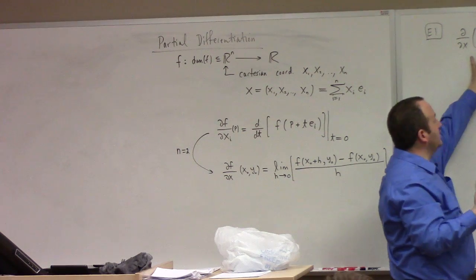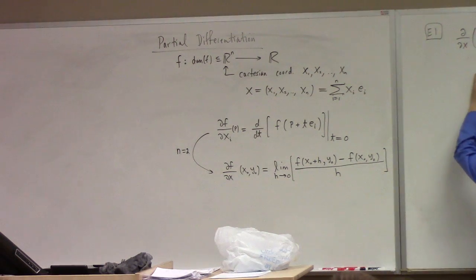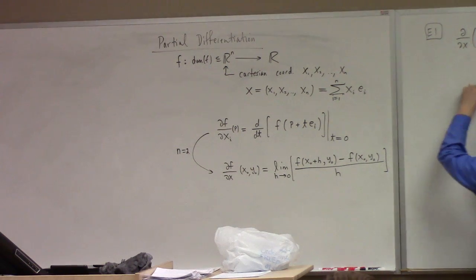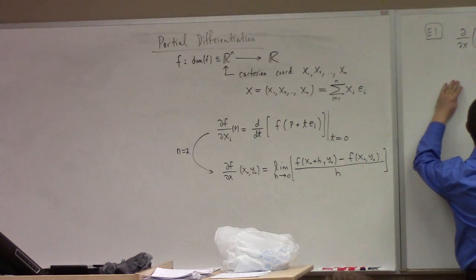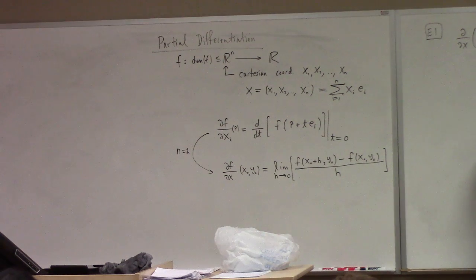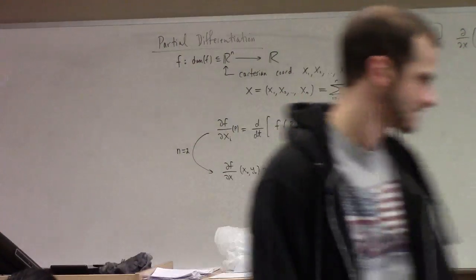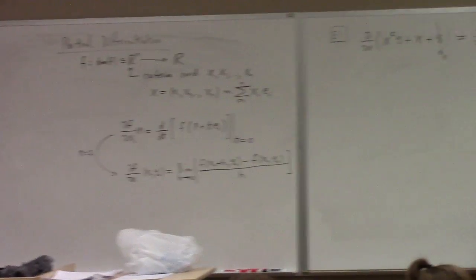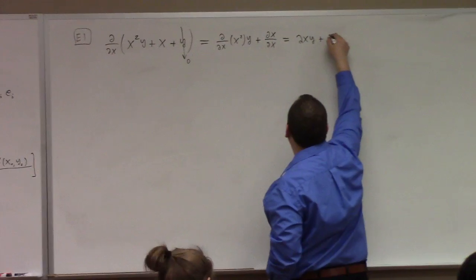Basically the way it works is you just differentiate x like normal, and you can pull the y out, so this is just like a constant. So this y just differentiates to 0. And what do you think the partial derivative of x squared is with respect to x? Right, we get 2xy plus 1.